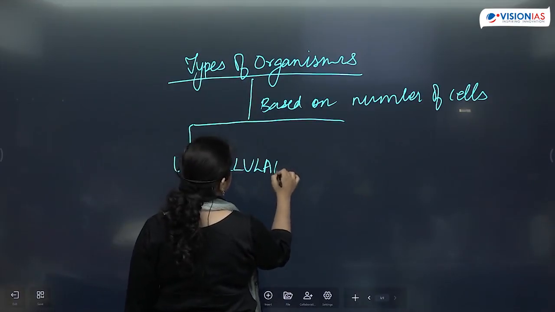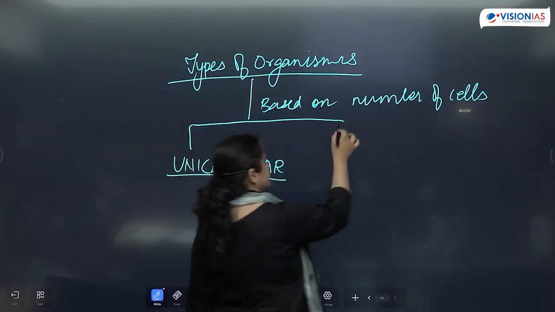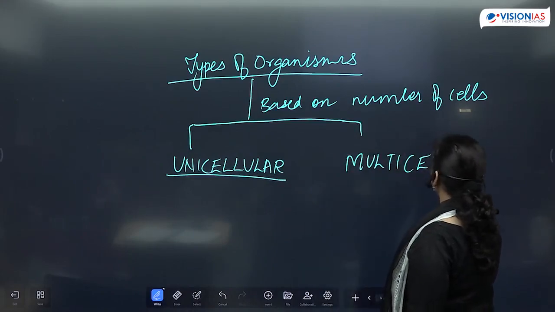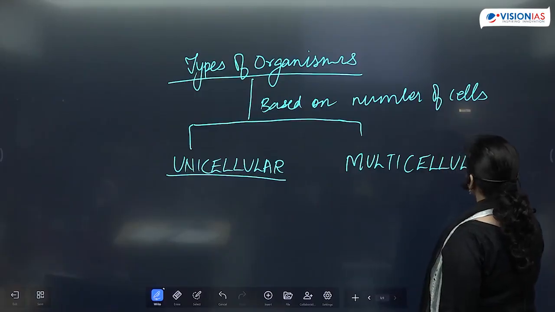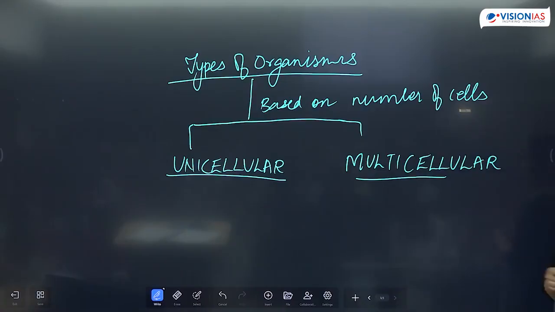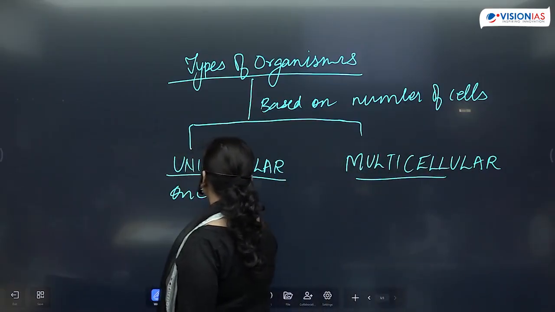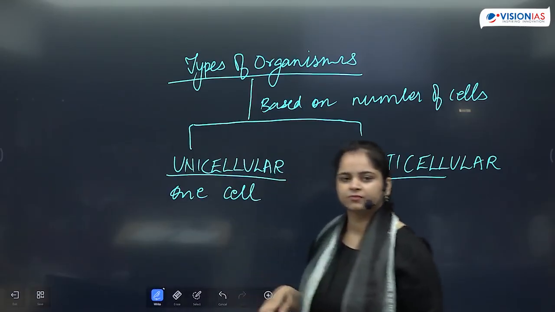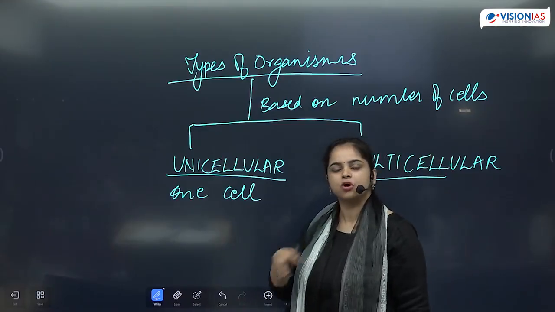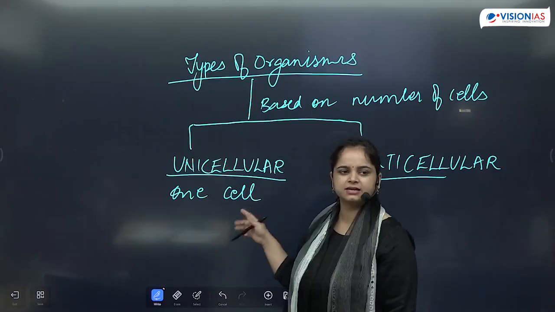So you have unicellular organisms, that's one category, and the second is multicellular organisms. Unicellular organism means there is a whole organism in just one cell. Single celled organism. Single cell hai, that means all the functions, all the life processes, they are going to be done by this single cell.